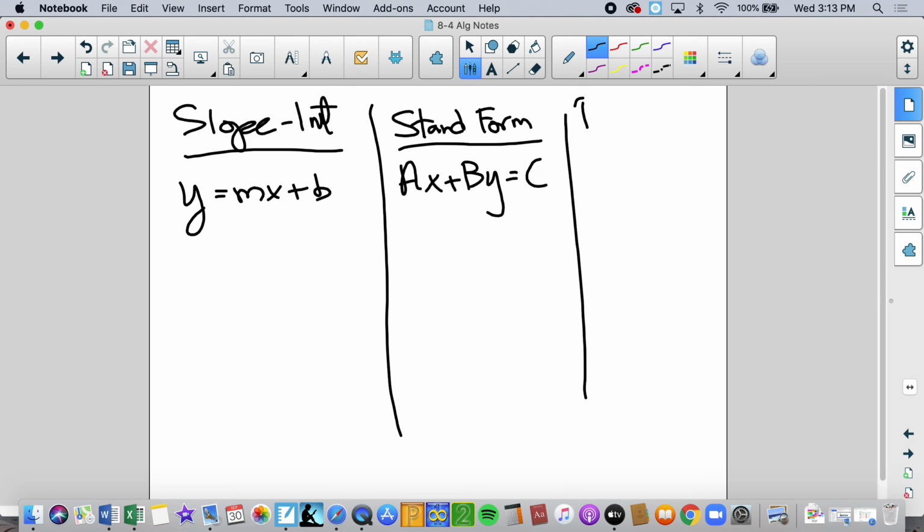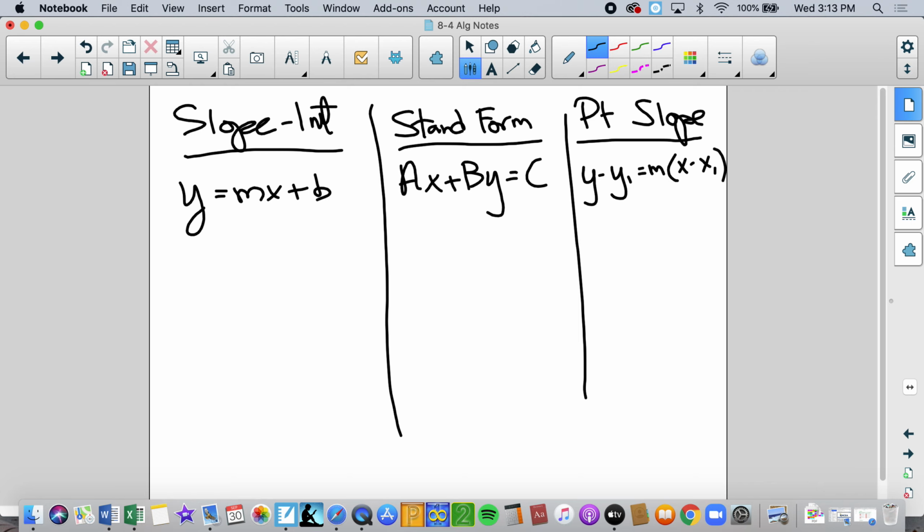And then we have point slope form. Point slope form looks like y minus y sub 1 equals m times the quantity x minus x sub 1. And we'll go into detail of standard form and point slope a little bit later on in second semester.